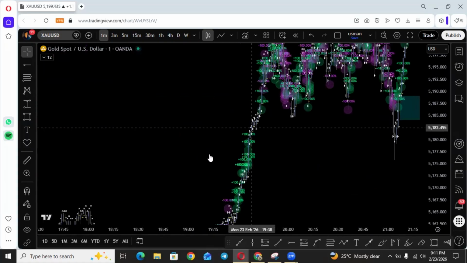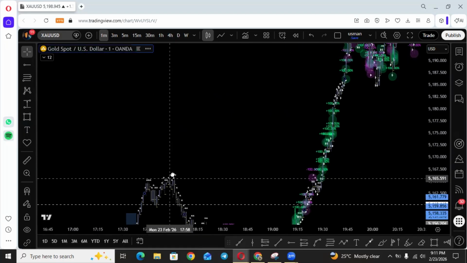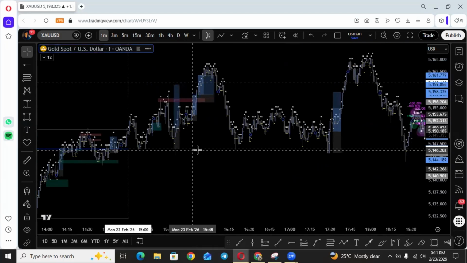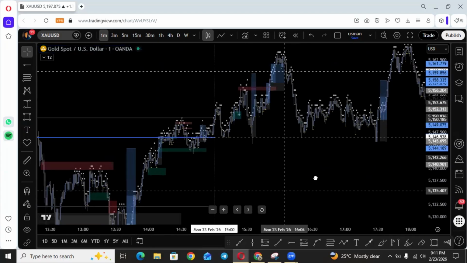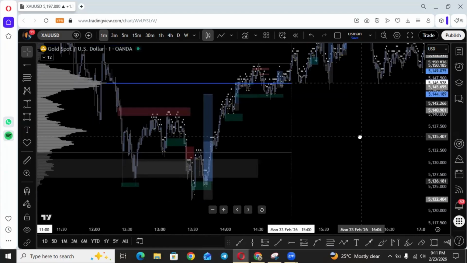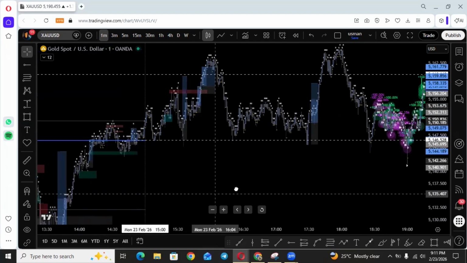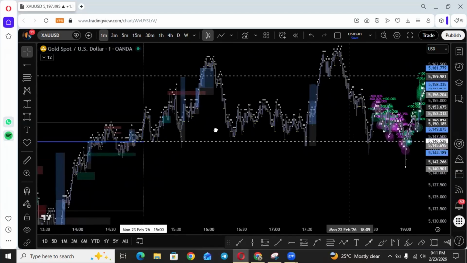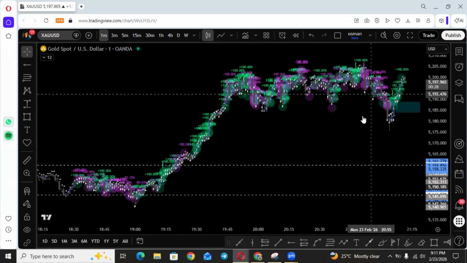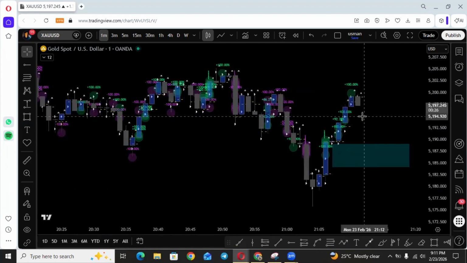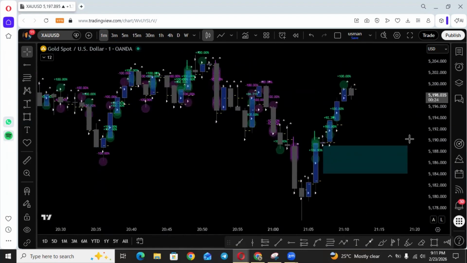I have a strategy about the volume profile that I was trying to share with you guys. I have taken these trades today based on that, and all of these trades got into profit. But I will teach you this strategy in the next sessions, and it's a very useful strategy. You guys will like it.